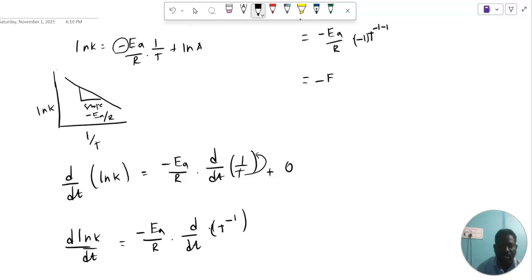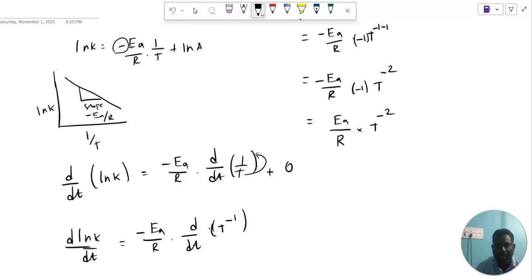So minus EA by R, minus, your minus 1 is there still, t to the power minus 2. So this minus and this minus will get as a plus. So it becomes EA by R into t to the power minus 2.